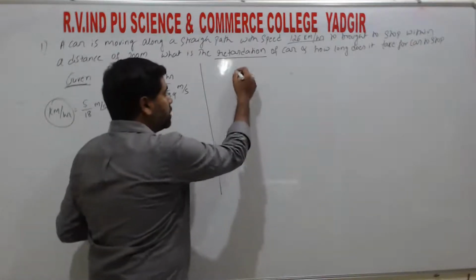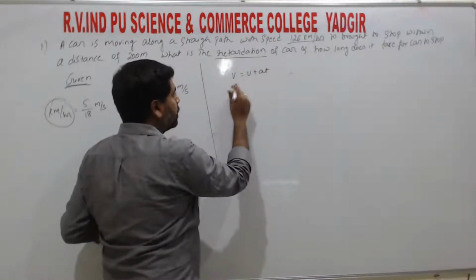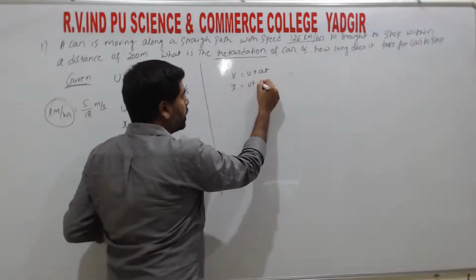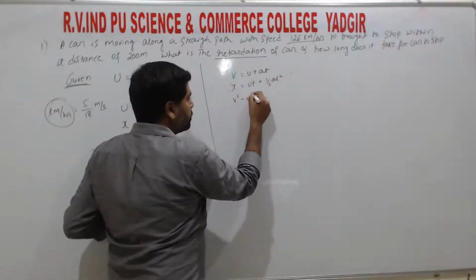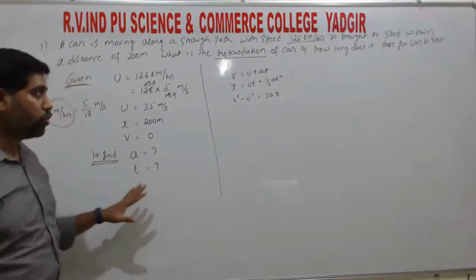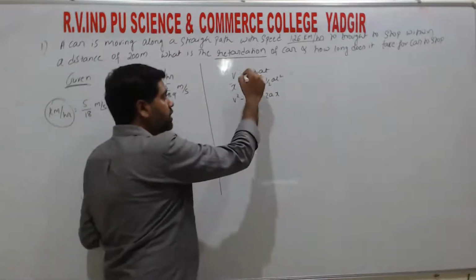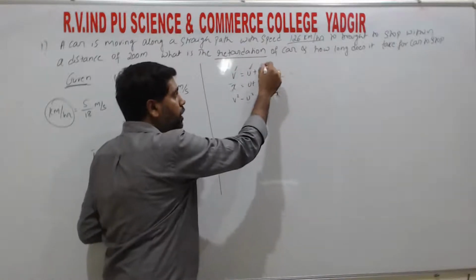We have the three relations: v equals u plus at, x equals ut plus half at square, and v square minus u square equals 2ax, right? If you observe the first equation, we know v, we know u, but we don't know a and t, which we are going to calculate.